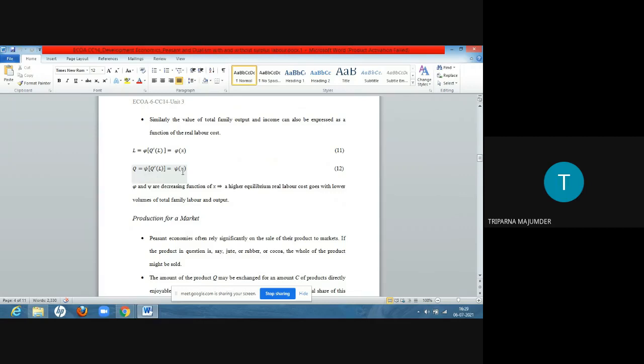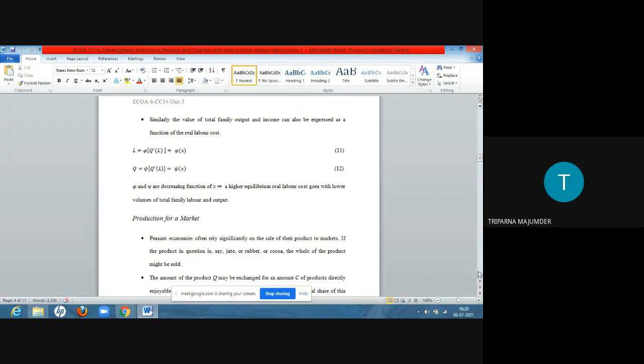Now phi and psi are decreasing functions of x. What does it imply? It implies a higher equilibrium real labor cost goes with lower volume of total family labor and output. That is, higher x means lower output or higher x means lower L.